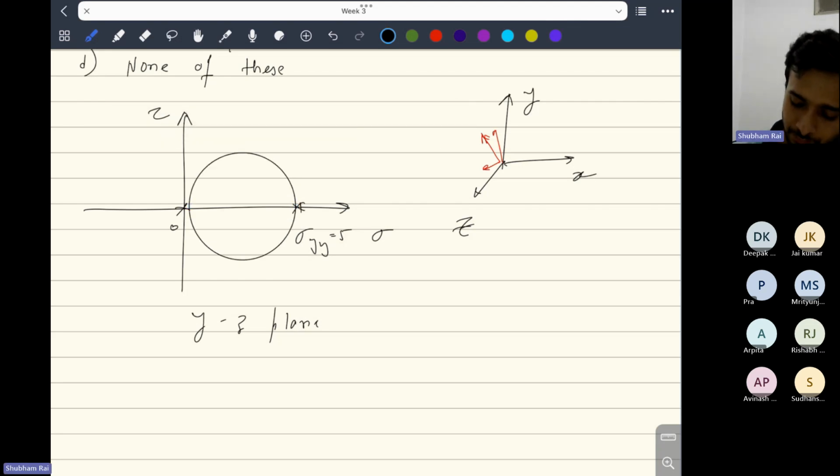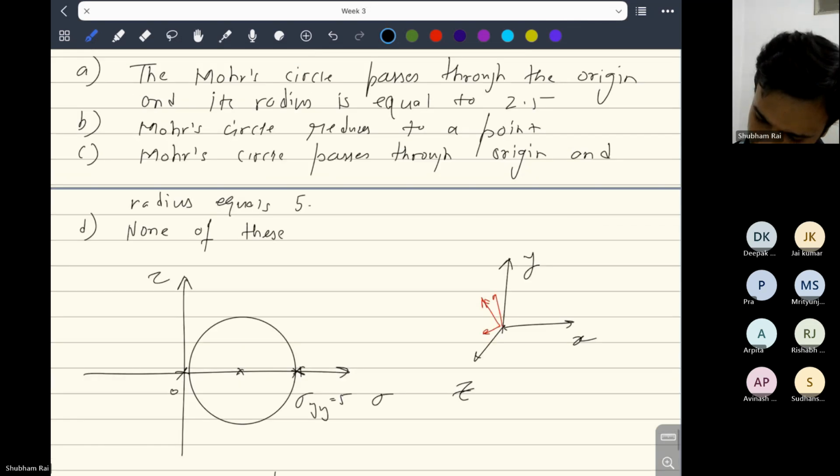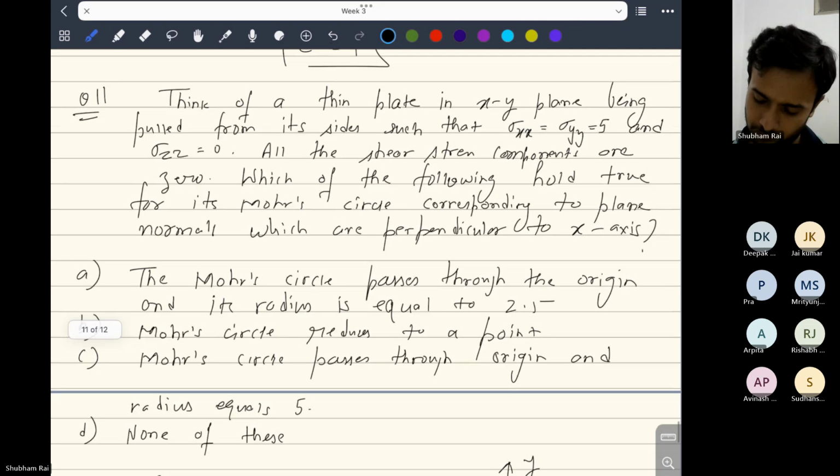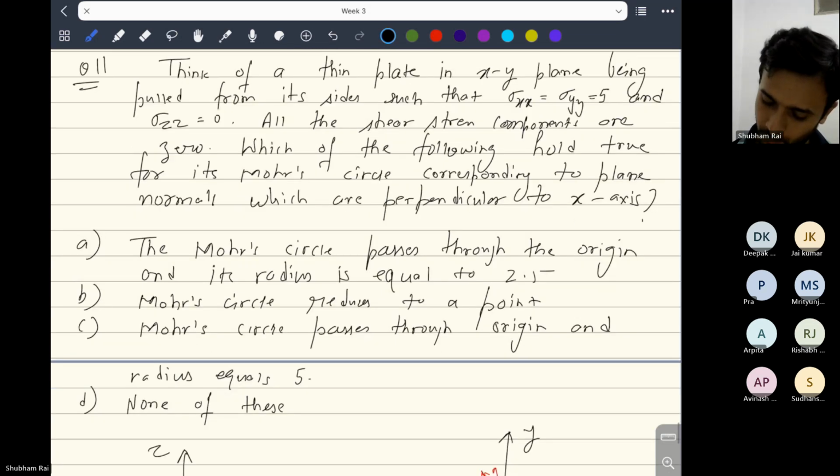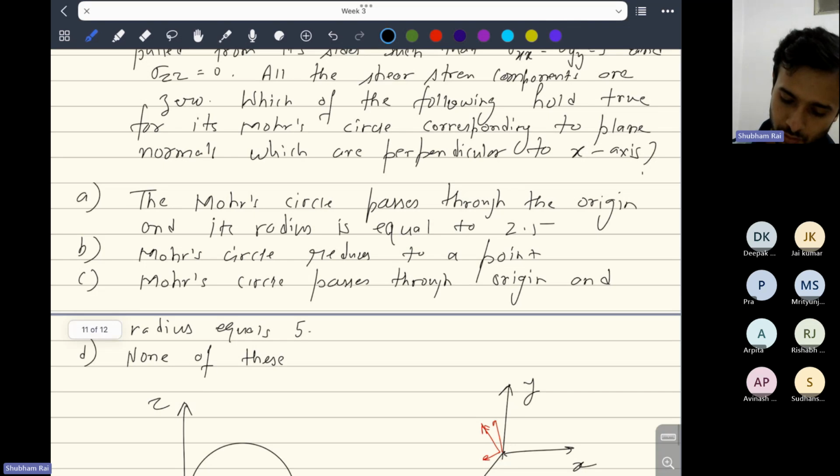Maybe the first option should be does not pass through the origin.